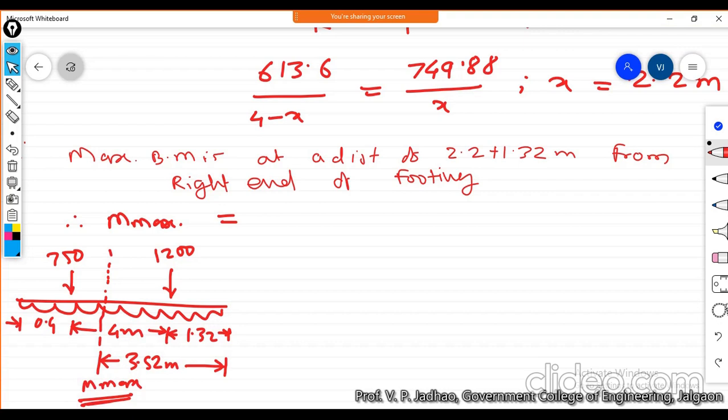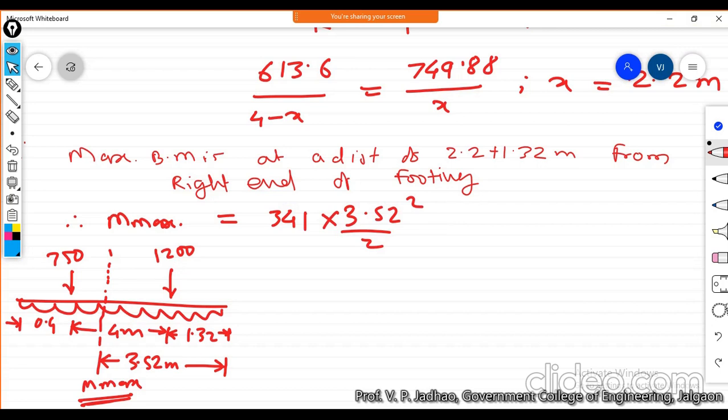Okay, so M max will be equal to, let us consider the right portion, therefore this will be 341. The bending moment due to this upward soil pressure will be positive, therefore 341 into L square, that is 3.52 square divided by 2, and the bending moment due to this 1200 kilonewton column load will be negative.